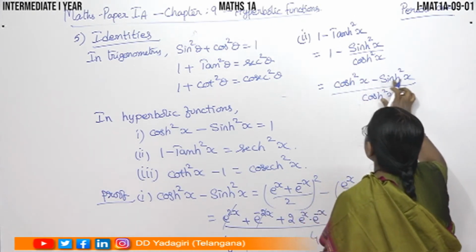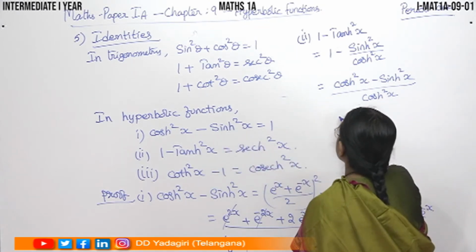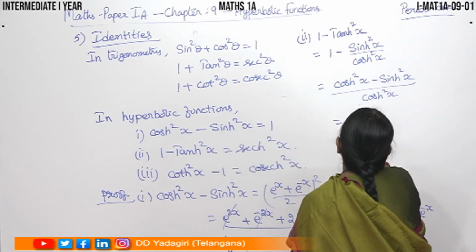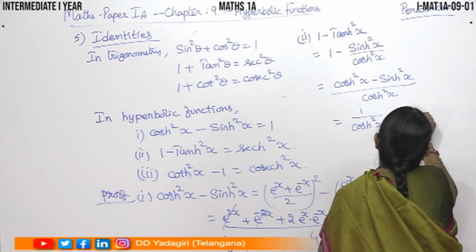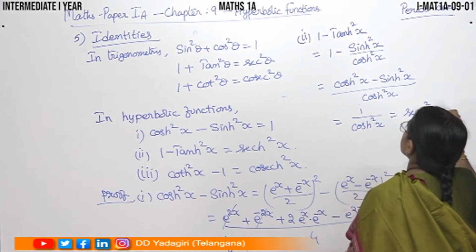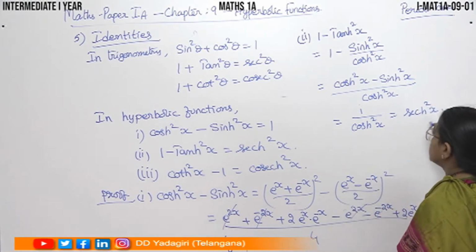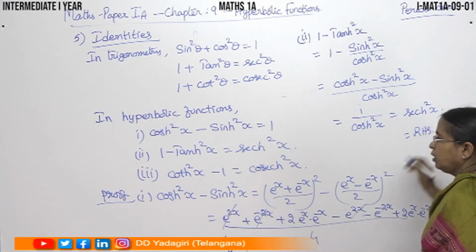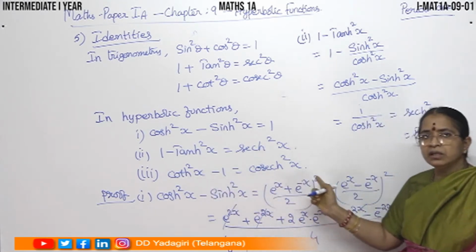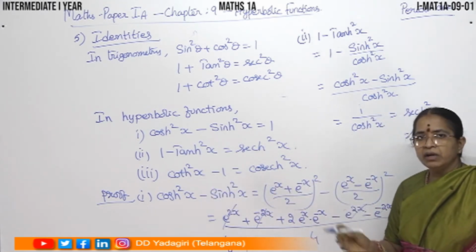So cosh square x minus sinh square x is equal to 1, just now we proved. So we'll write 1 by cosh square x. 1 by cosh is sech. So sech square x. So like this we prove the right hand side. Hence it is true. Now in the same way you can prove the third one. You can just try. We will continue in the next video.